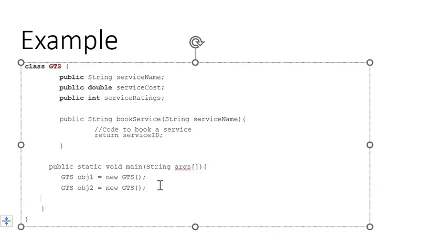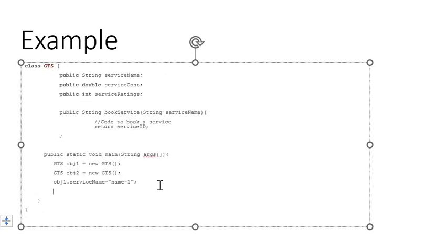You can think like this: obj1.serviceName equals, let's say, name1. Similarly, I'll create one more object, obj2, and give it the name name2.